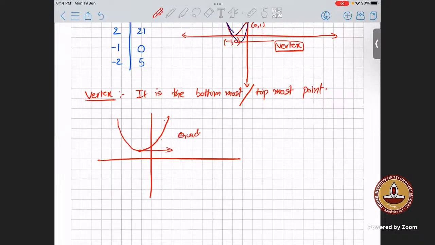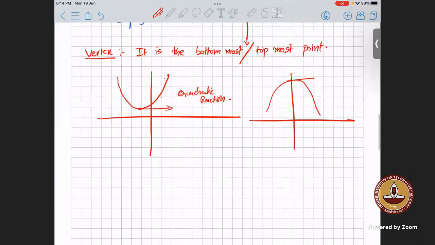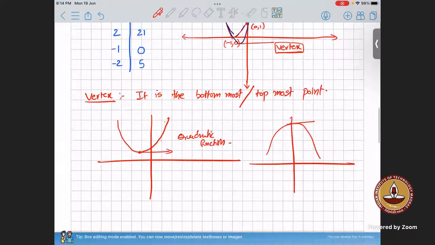Agree? Yes. Because the vertex is the bottommost or topmost point. And the second important thing for a quadratic function is the axis of symmetry.